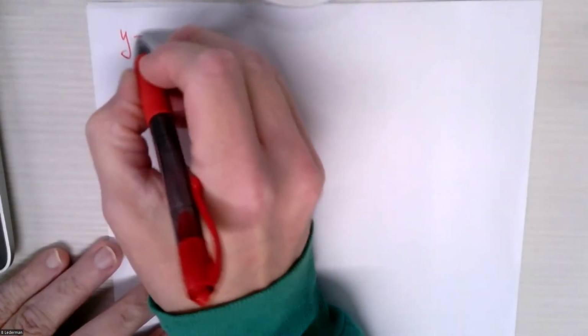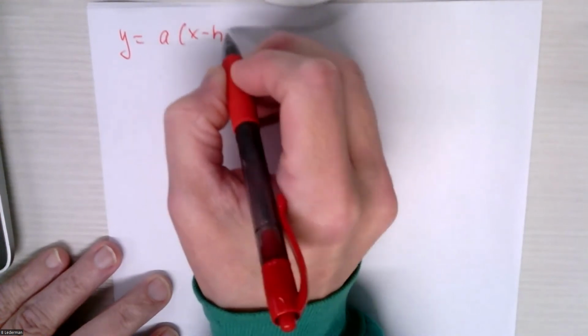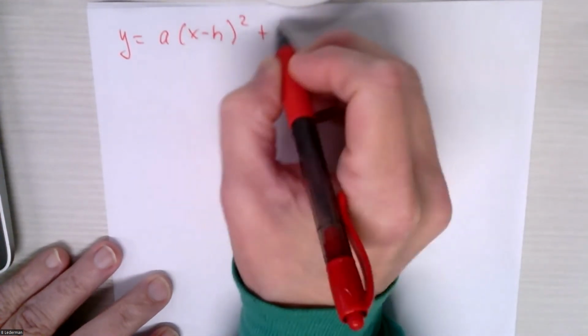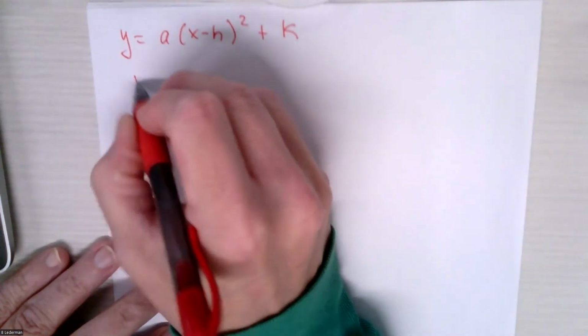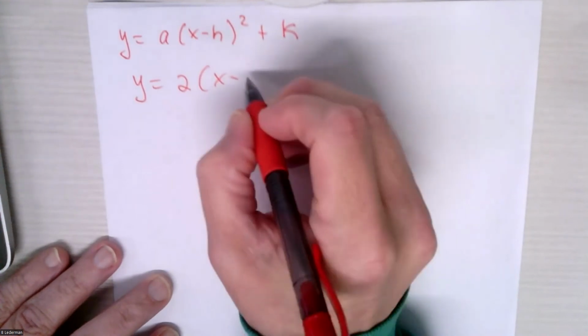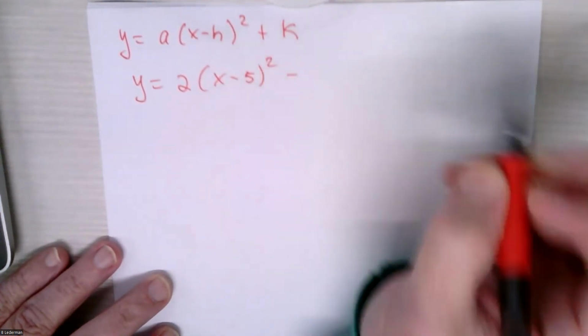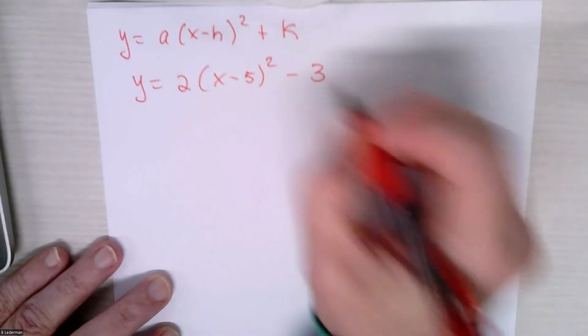Another way to write a parabola is y equals a times x minus h squared plus k. For example, y equals 2 times x minus 5 squared minus 3.